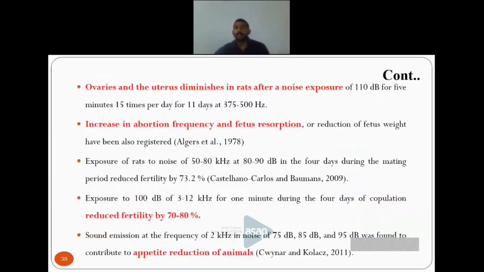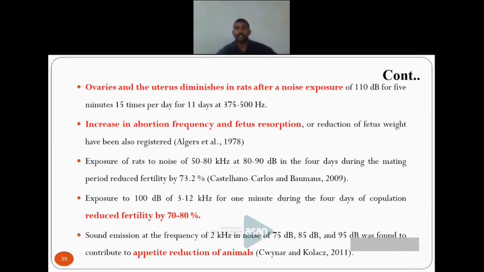And other studies made on rats and poultry farms found that ovaries and uterus diminished in rats after noise exposure of 110 decibel for 5 minutes over 15 days. And next is the increased abortion frequency and fetus resorption in rats.